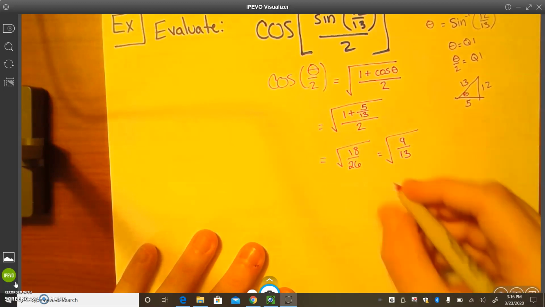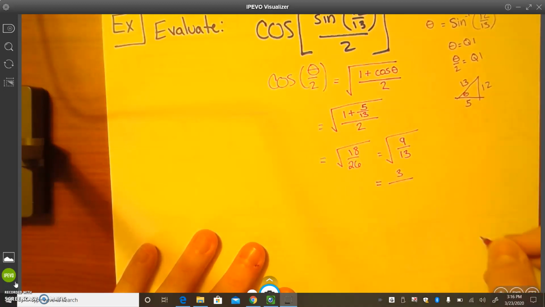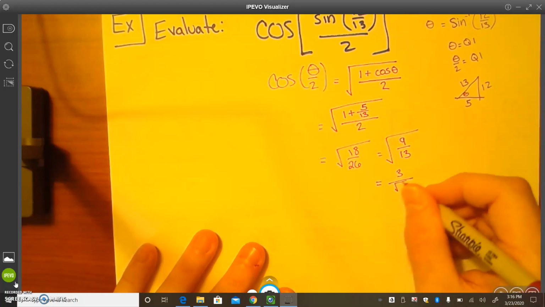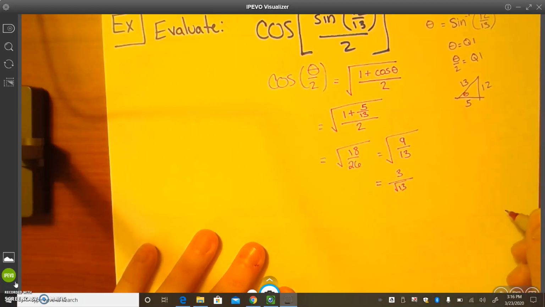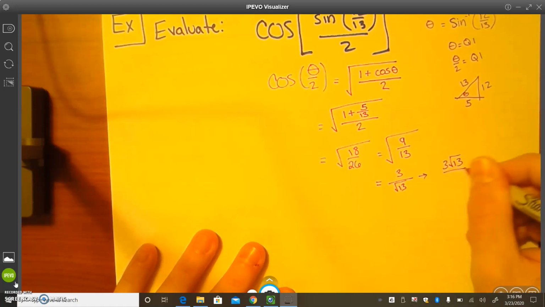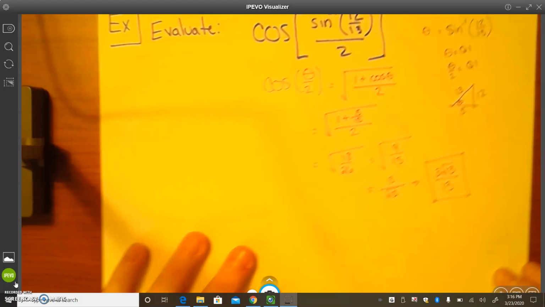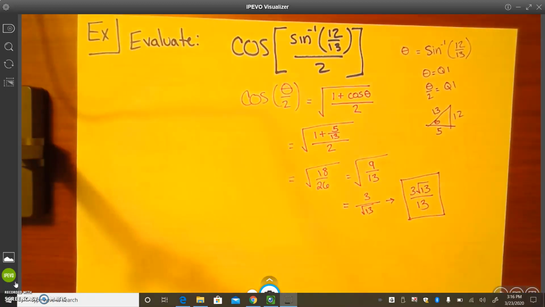Well, 9 is a very fortunate number. I promise I did not expect that to happen. Square root of 9 is 3. Square root of 13 is nothing special, but we do need to rationalize that. And there's your final answer. That would be an exact answer.